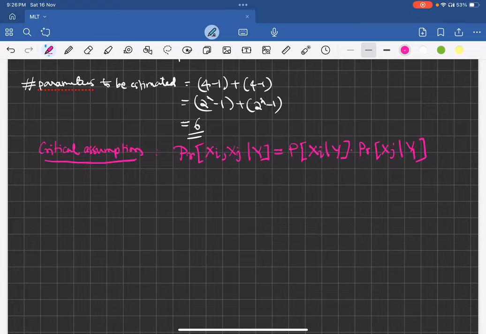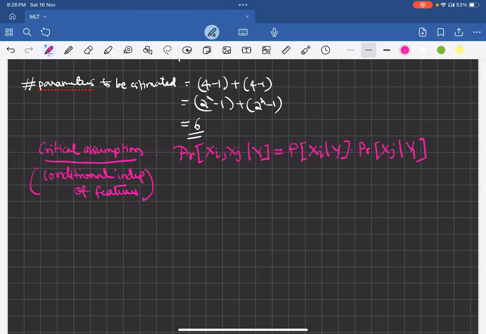Now, what does this mean? This is the critical assumption of conditional independence of features, right? So this is conditional on which class we are referring to. That's why we have a conditional y, right?